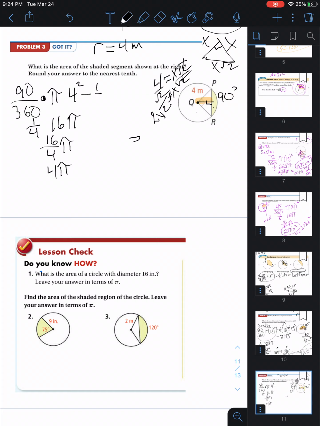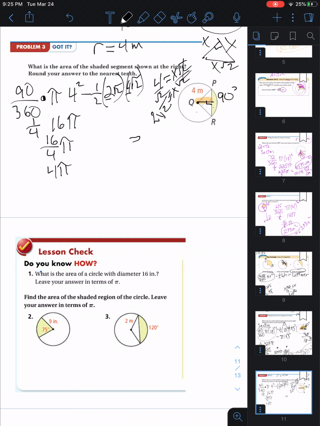So it's going to be 1/2 times 2 rad 2 for the height, and the base, which was double that, is 4 rad 2. So I'm going to multiply the like parts.